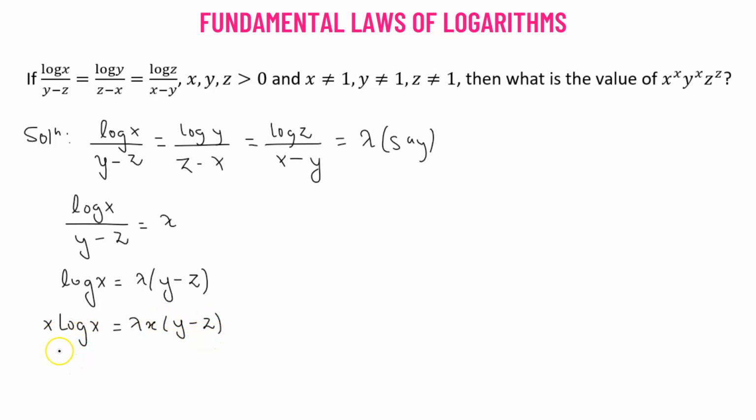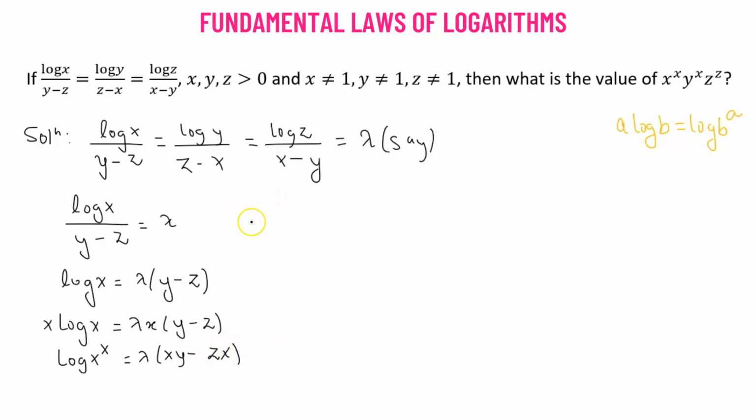Now x log x can also be written as log of x raised to the power of x. Here we have used the fact that a times log of b equals log of b raised to the power of a. This gives us lambda times, so let's distribute x with y minus z, xy minus zx.